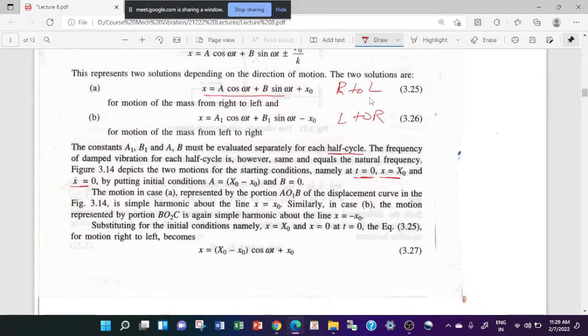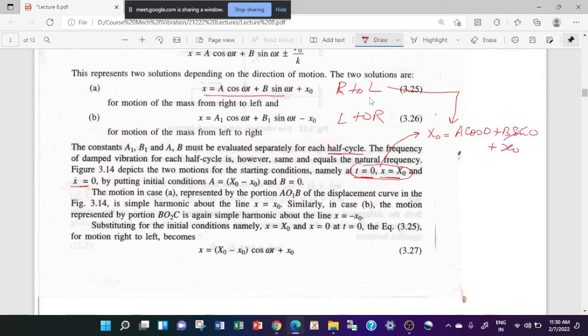So when I use this equation here, at t is equal to 0, you are getting capital X naught is equal to a cos 0 plus b sin 0 plus small x naught.